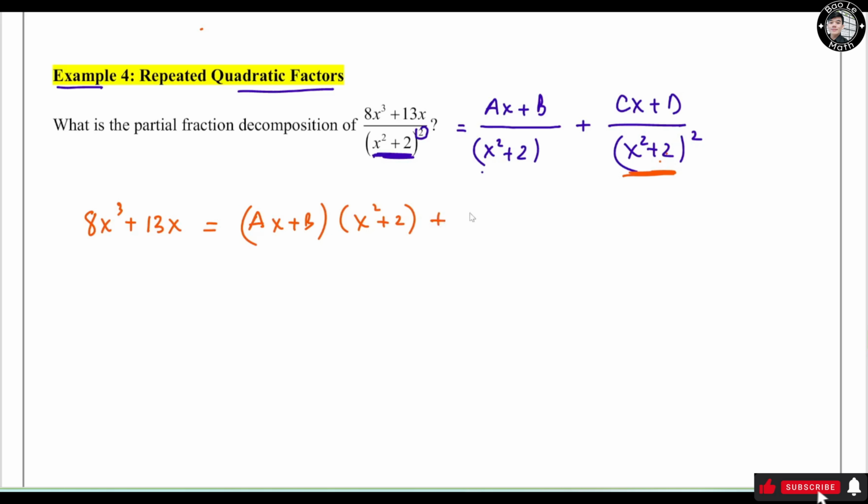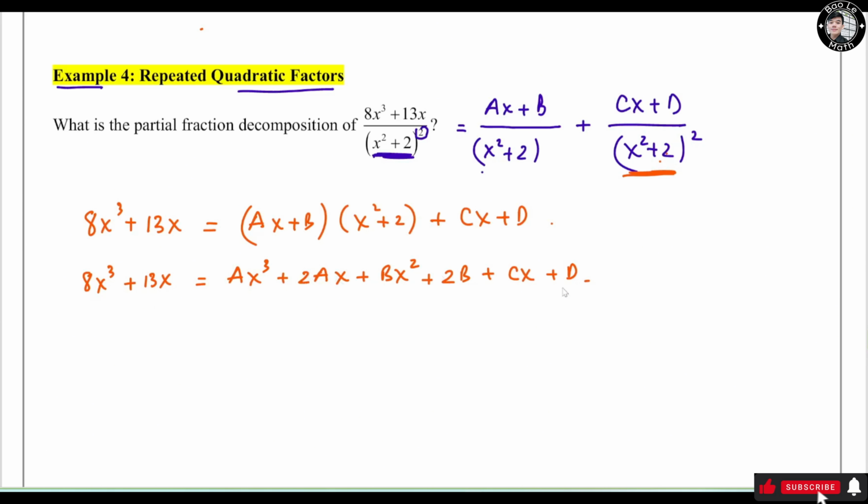So we only have cs plus d, rewrite. So it's going to be 8s cubed plus 13s equals, distribute this one: as times s squared is as cubed plus 2as, plus bs squared plus 2b, plus cs plus d.